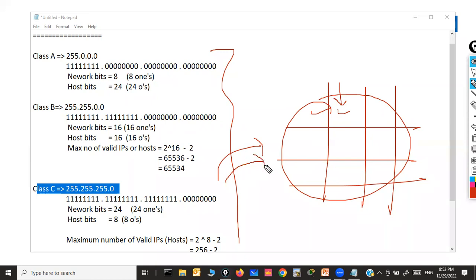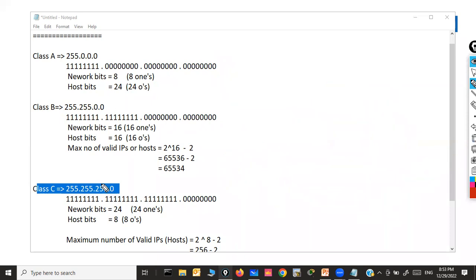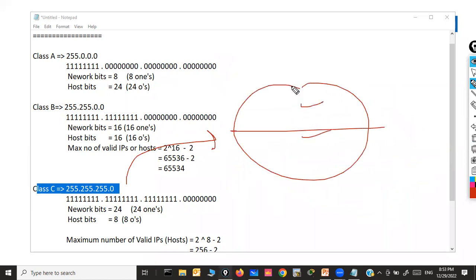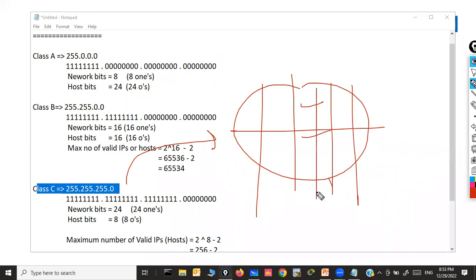And how we decide that is totally based on the requirement you have, whether you want to divide this network into just 2 small networks, 4 networks, 8 networks, or 16 small networks, right? Based on that, we just perform mathematical computation.